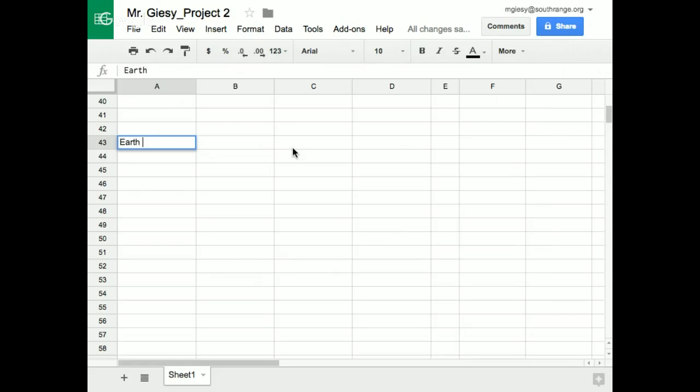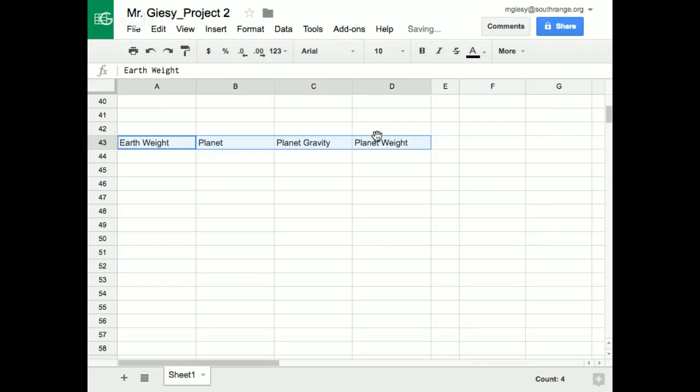Earth weight. I'm going to right arrow to the planet that you're going to convert to, the planet gravity, and then the last thing is the planet weight.